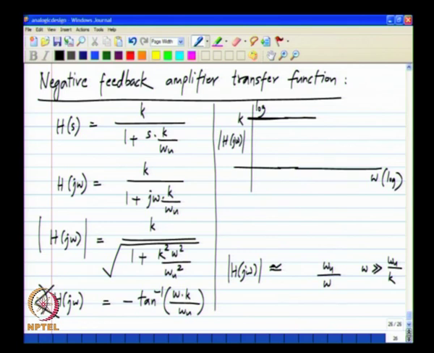And we have already seen that H of j omega approximately equals k for omega much smaller than omega u divided by k. So, for very high frequencies the magnitude response is inversely proportional to omega, which means that it simply rolls off at minus 20 dB per decade.